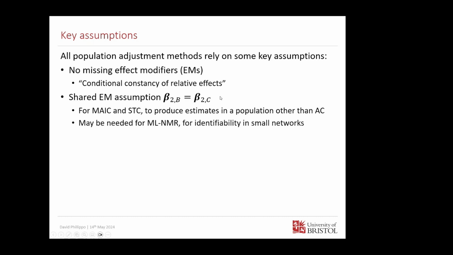So if you only have one or two aggregate studies on a certain treatment, then that isn't enough information to estimate all of these interaction terms as well. So you might want to share the estimation of those interaction effects with treatments where you have individual patient data or you have more aggregate studies.